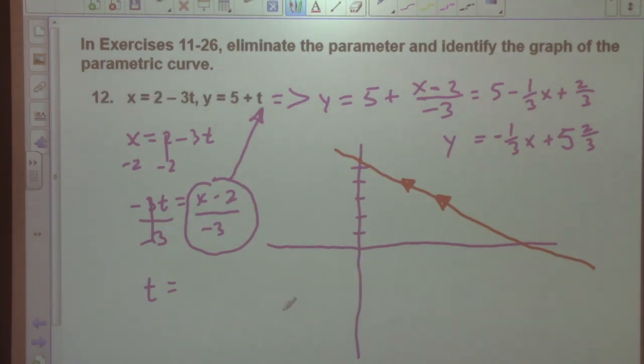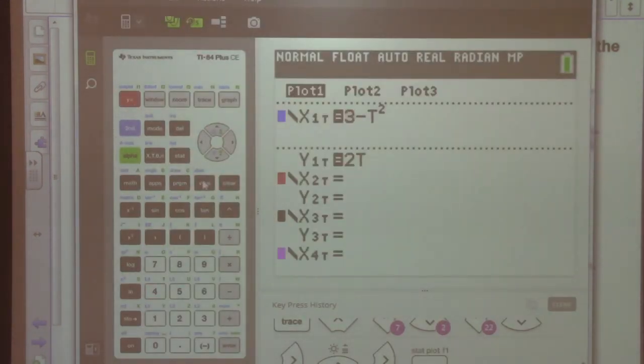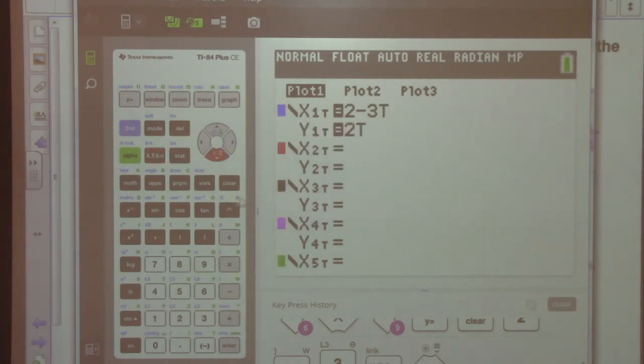You can put x equals 2 minus 3t. So 2 minus 3t. And here you had, what was the other one? It was 5 plus t, right?